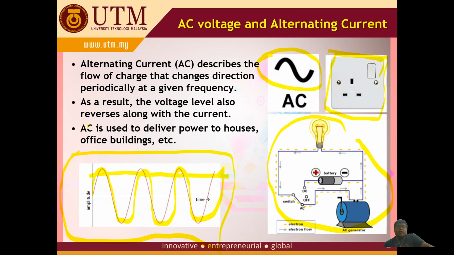As a result, the voltage level also reverses along with the current. So there is a positive part and a negative part, again positive and negative. So for an AC system, there is a part which operates at the positive side, and another part which operates at the negative side.